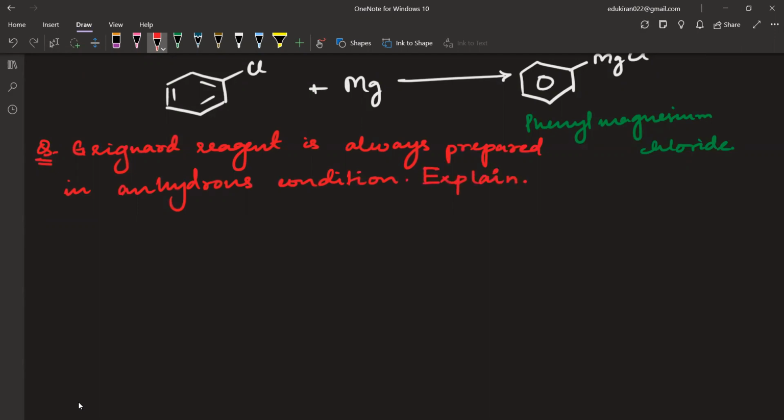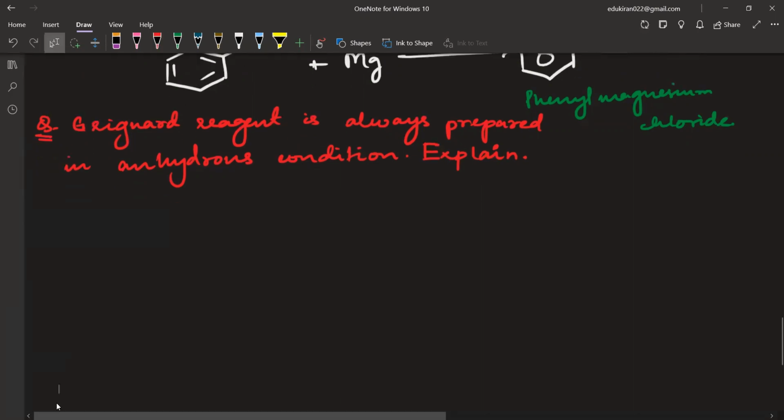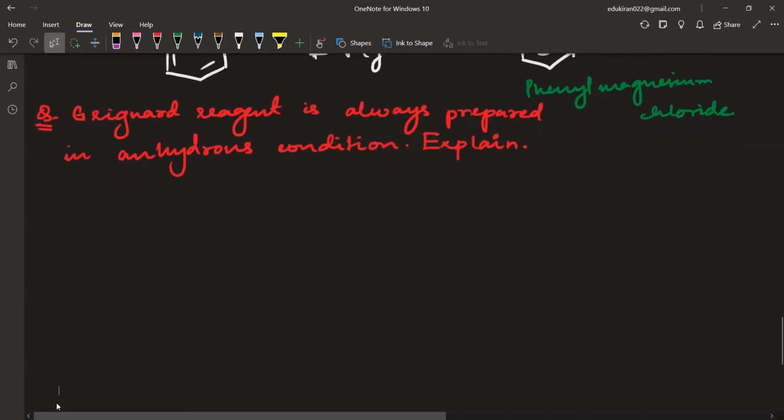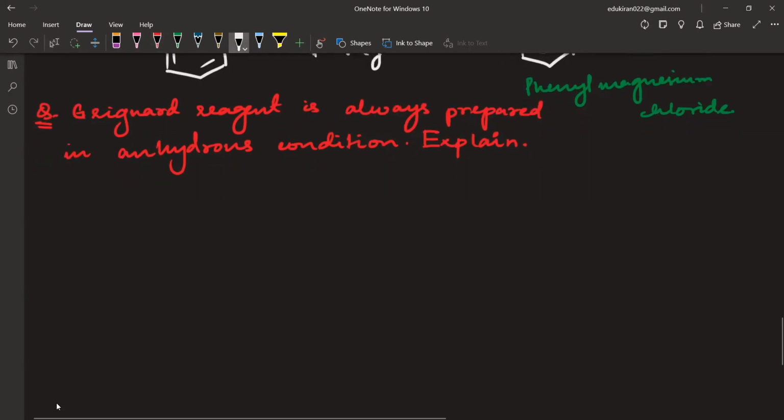So they have asked a lot of things here. They have asked, what is Grignard reagent? You should know what is Grignard reagent. They have asked, do you understand what anhydrous means or not? And then you have to give the explanation why it is not prepared in the presence of water. That is the third thing they are going to ask. So indirectly, they are asking three things, no? And directly one thing, right?